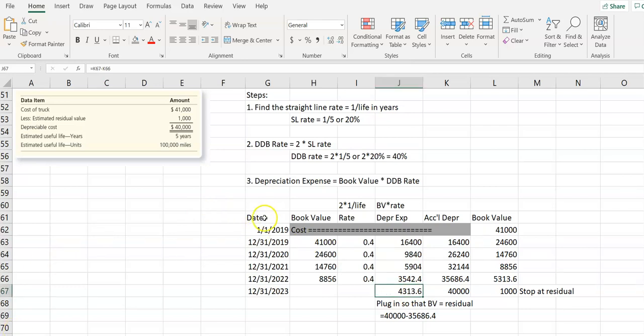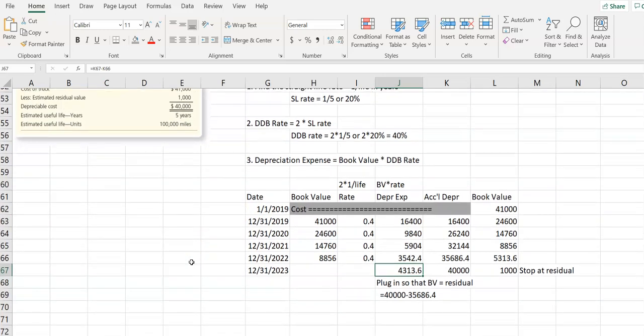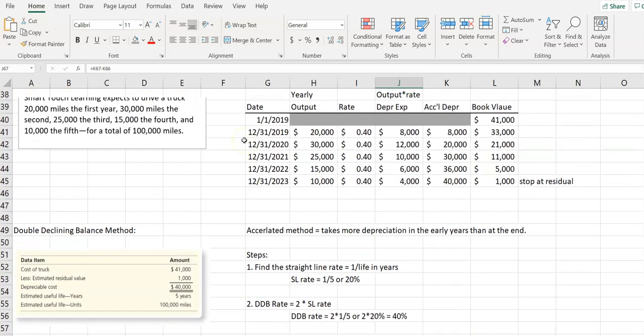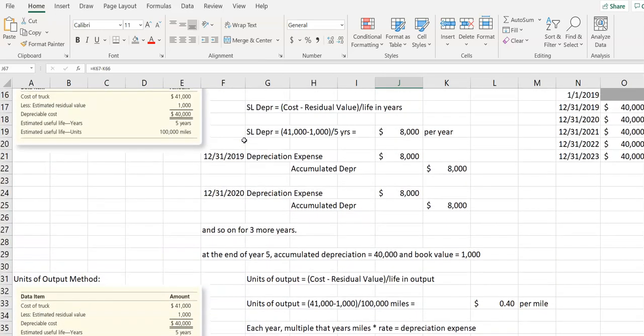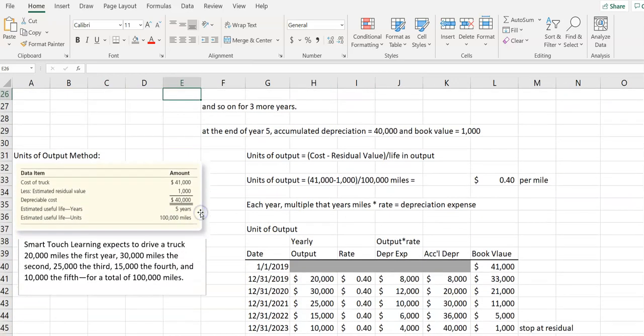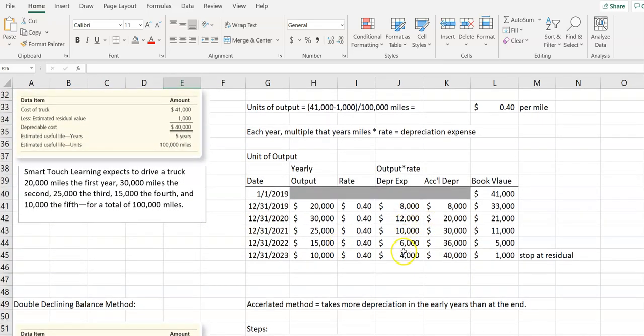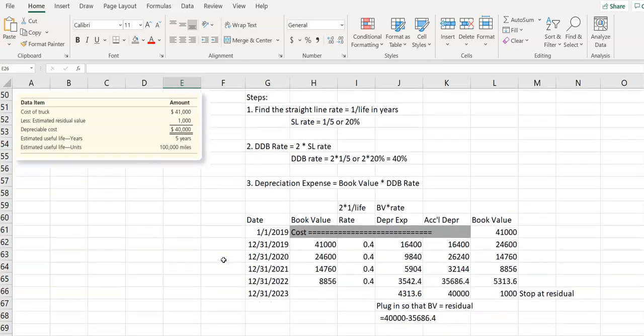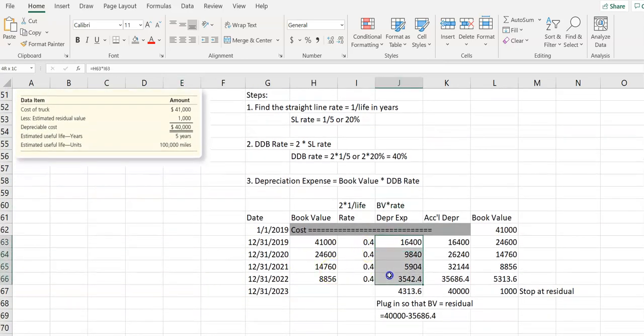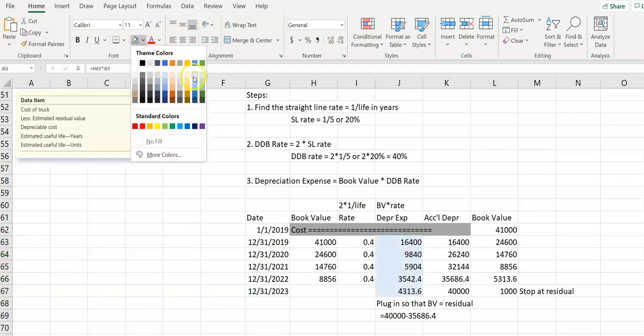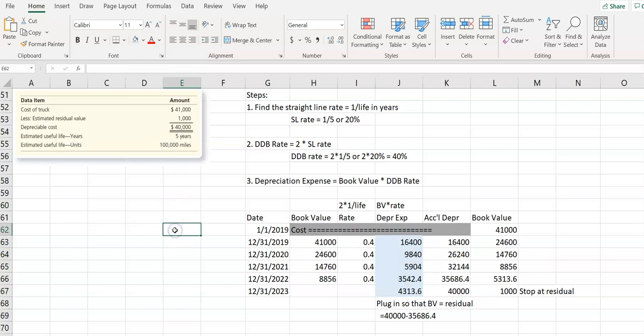Okay, I think that is it. Just like I did up here, you would do these journal entries each year based on the numbers you get in these columns. So here's my depreciation expense, and I would use those numbers for my journal entry.